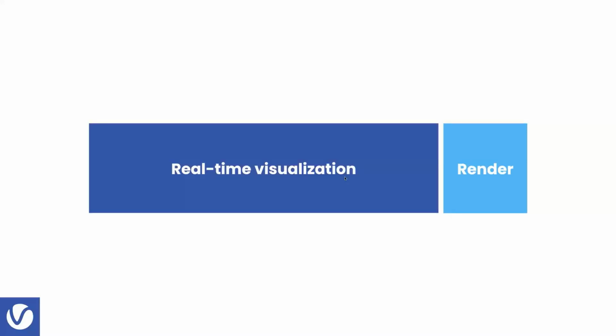But that's really evolved to be more of a real-time design, real-time visualization throughout the entire design process. And when we looked at where we were with V-Ray for Revit and Rhino and SketchUp, we said we'd like to make sure that you have access to those real-time visualization tools as well as the rendering tools anytime you need it.